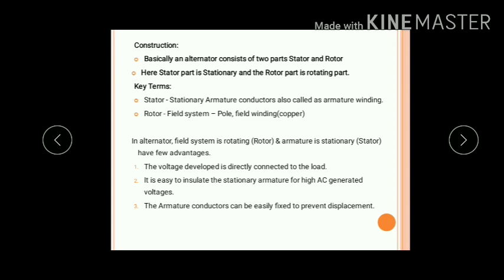It is easy to insulate the stationary armature for high AC generated voltages. The armature conductors can be easily fixed in the slots to prevent their displacement.